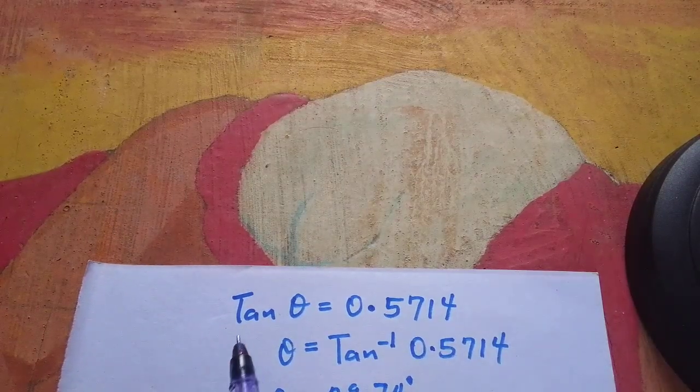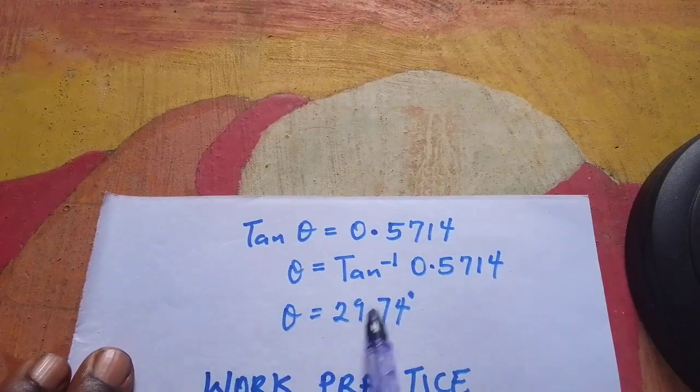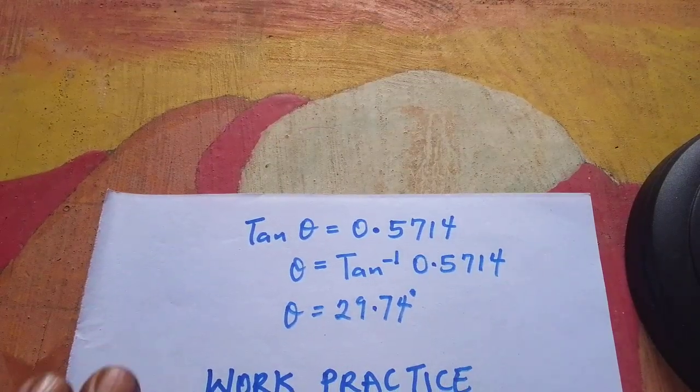So to get theta, you are going to look for the arctan of 0.5714, which is 29.74 degrees.